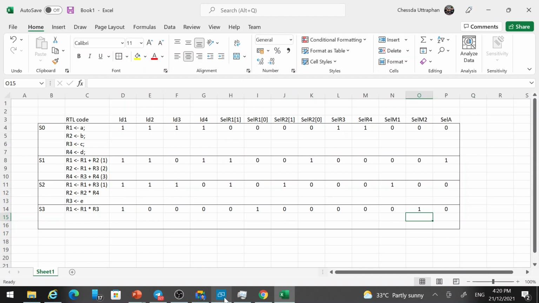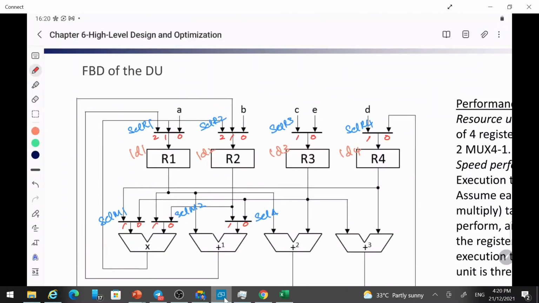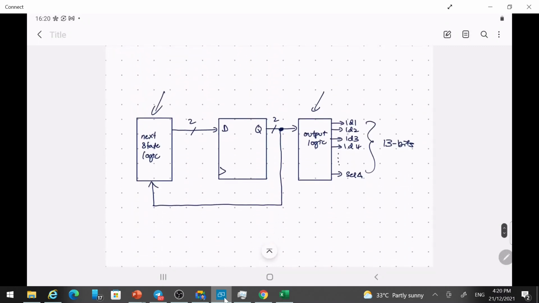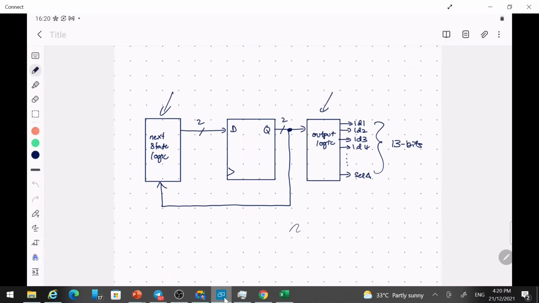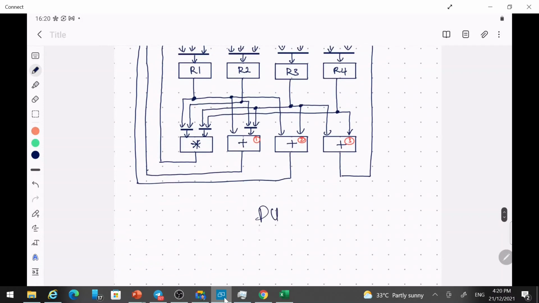But the controller circuit is actually in the form of this already. Yeah, we have drawn this. So this is the controller, the CU. This is the DU.